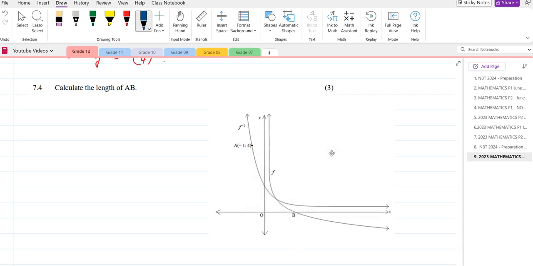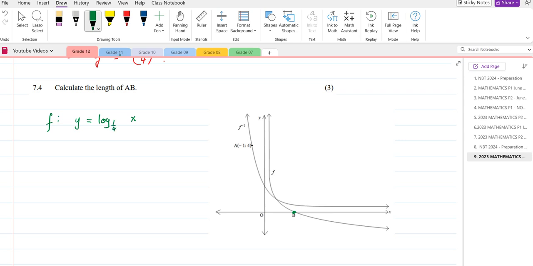But now in order to calculate the distance we need the coordinates of B, right? And the coordinates of B is on the log graph, right? Is this a log graph? Yes, f is a log graph. So remember, we need to make y 0. So f is equal to log x base quarter.